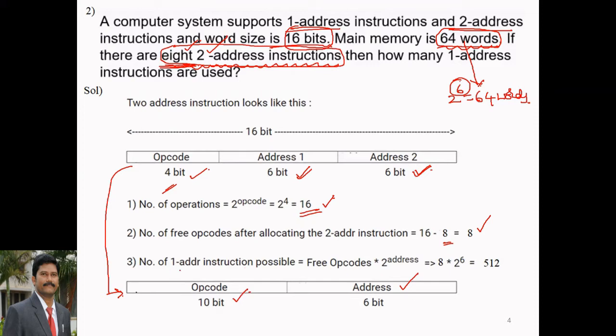Now the number of one address instructions possible equals, what is the formula we remember? Free opcodes into how many address lines increased, right? So free opcodes 8 into 2 power this, previously 4, now it is 10-bit, so 6 bits are increased. So free opcodes into 2 power 6, that is 512 one address instructions are possible.